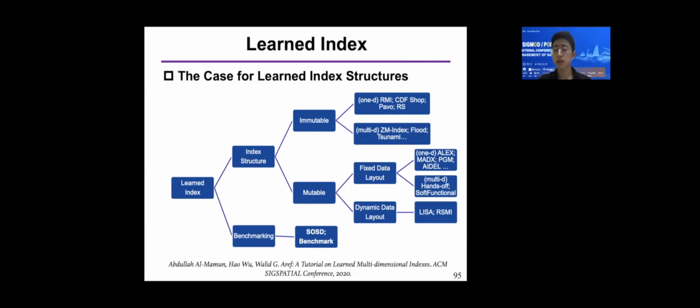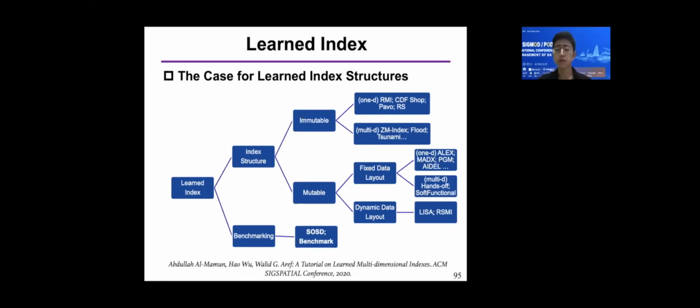And there are also multi-dimensional indexes like Flood, which models each attribute using the recursive model index, just as the RMI, in the cell divided by the optimal layout.